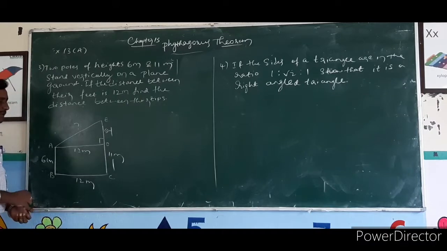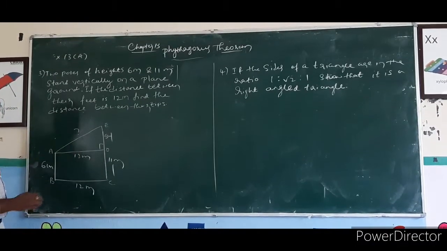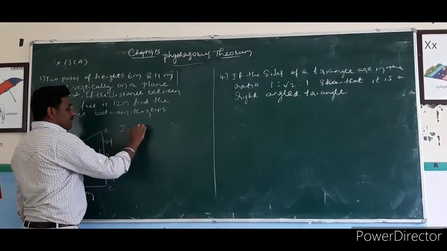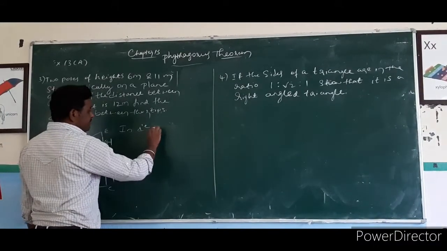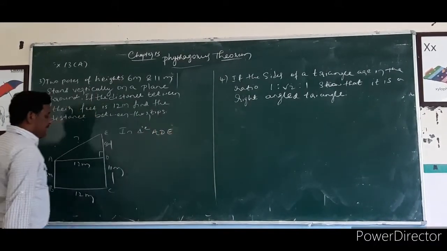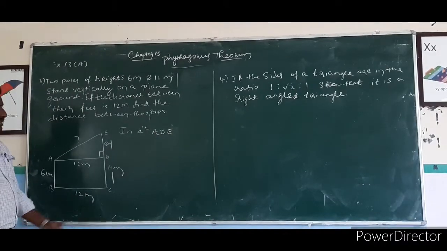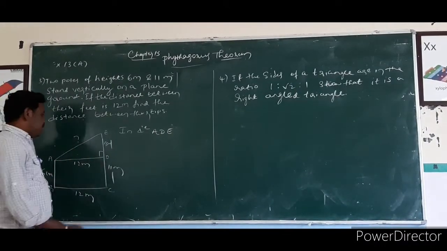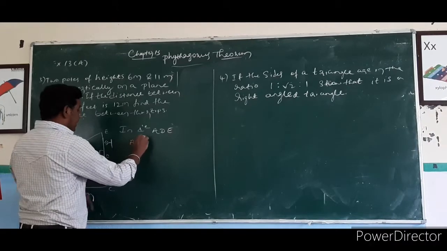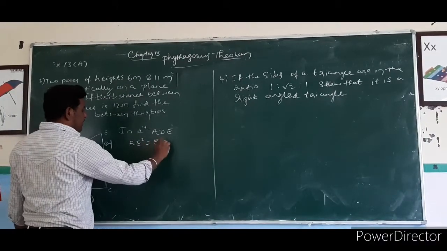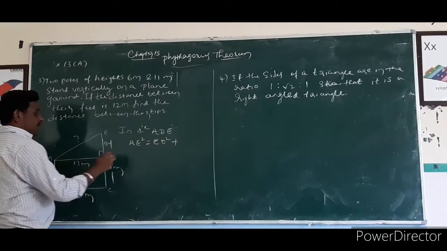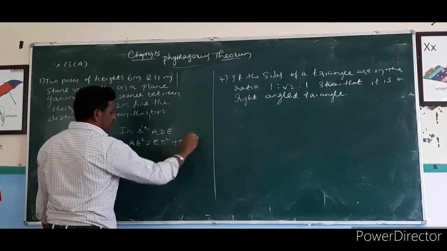Then you can apply the right angle. You can consider the triangle ADE. So apply Pythagoras theorem. AE square is equal to ED square plus AD square.